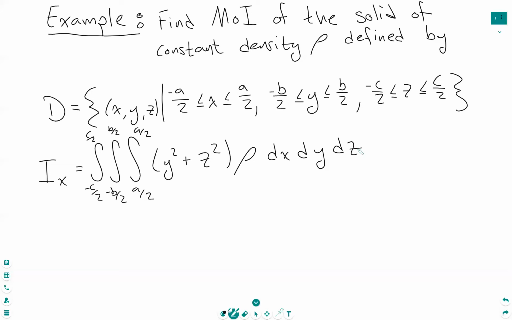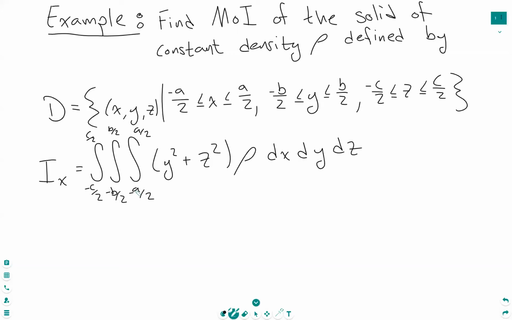Y squared plus z squared is even. Oh, this should be a negative. Thank you. To a over 2, correct. So the integrand is even for all of them. I have a y squared plus a z squared, or an x squared plus a y squared, or an x squared plus a z squared. They're all even functions, right?